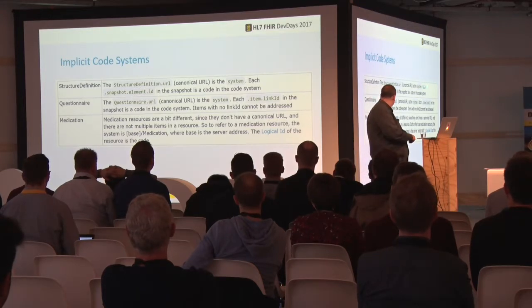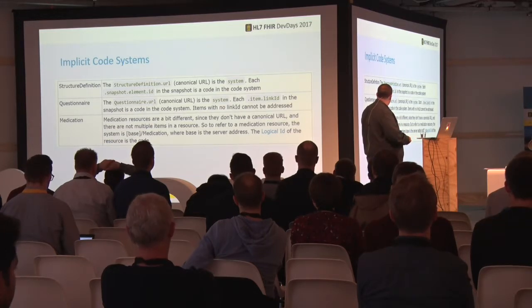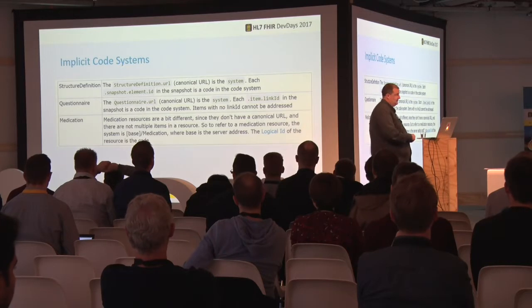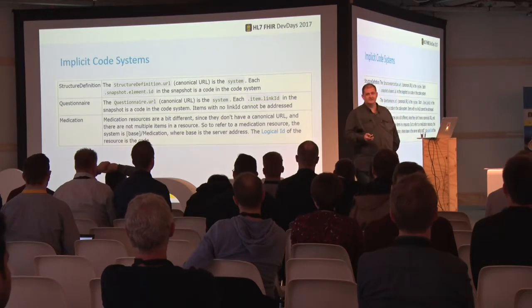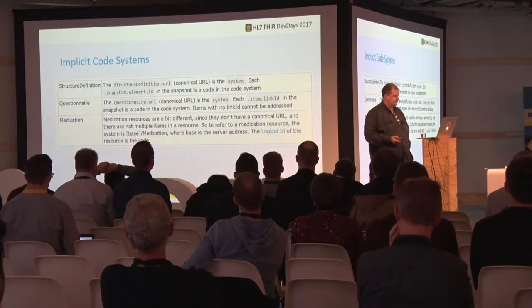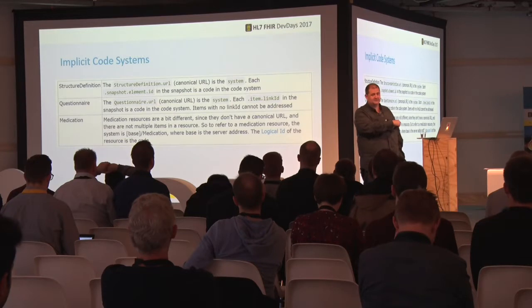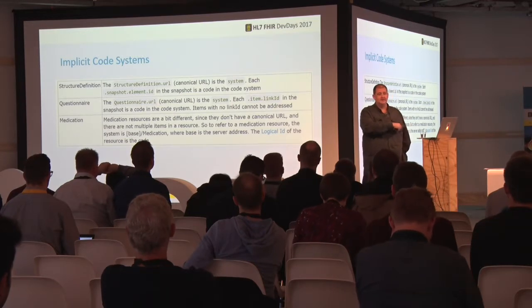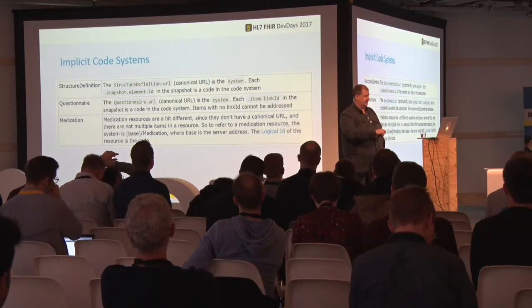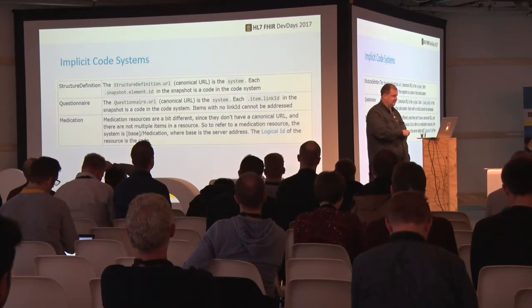The system URI is the canonical URL for the structure definition, and every snapshot element ID is a concept in the code system for that structure definition. If you're interested, this is a fragment snapshot of the specification on the concept map page. So you just go down and read the rest of the concept map page, you'll see this table.